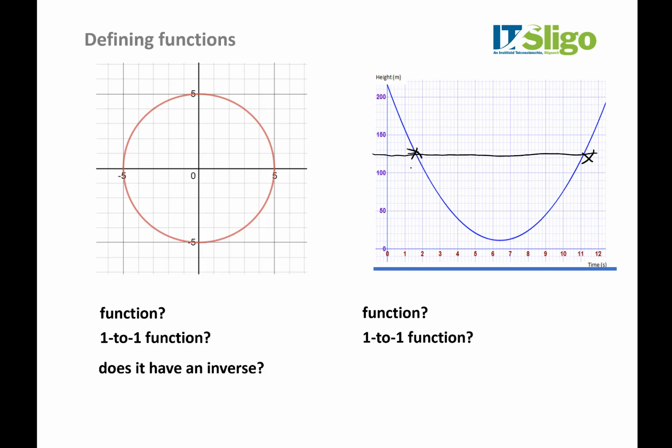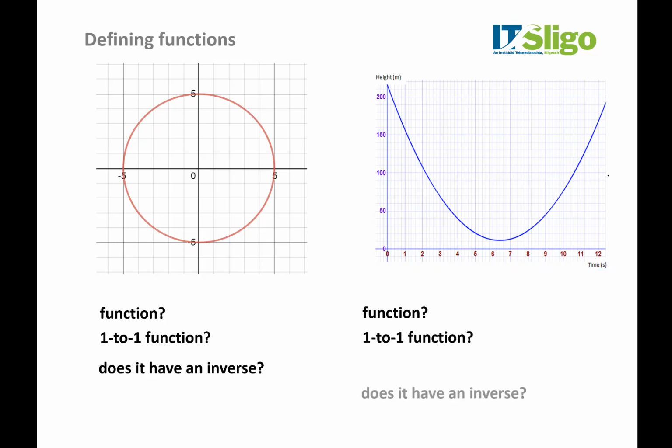So we could say 2 and here, both of these values are producing the same output. So this is not a one-to-one function, it's a many-to-one function. So that means it probably doesn't have an inverse. Some of them do.